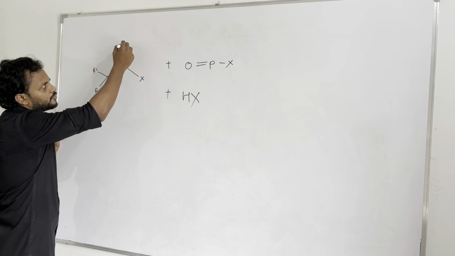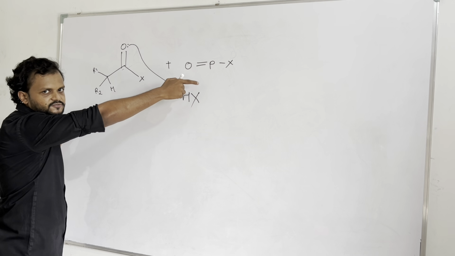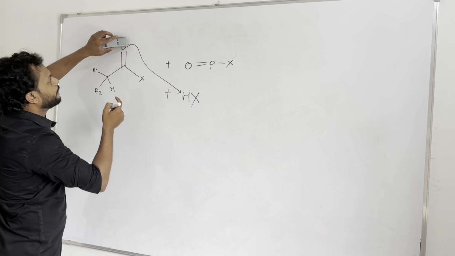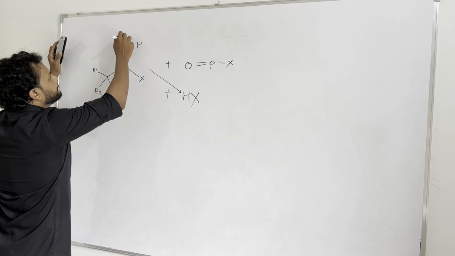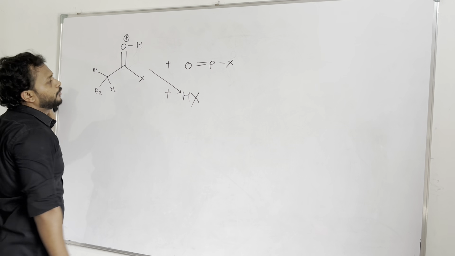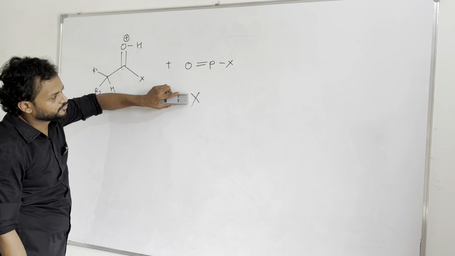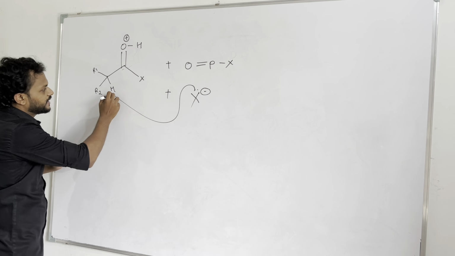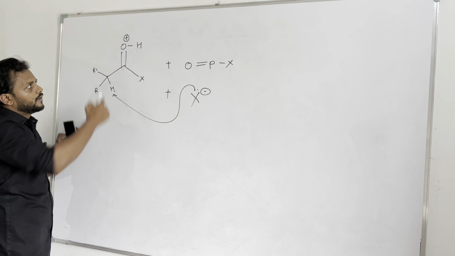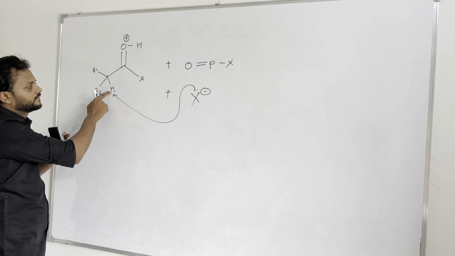Next, this oxygen is going to take the proton from the HX that just formed, and will form a bond with that hydrogen. At the same time, this halogen from HX is now going to abstract this proton. So oxygen has taken that proton and the halogen is going to get this proton.